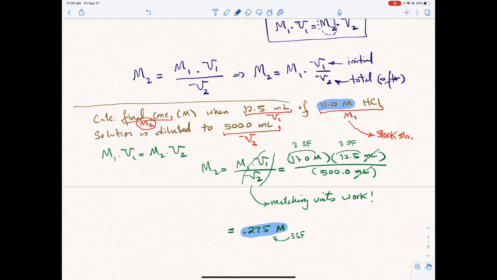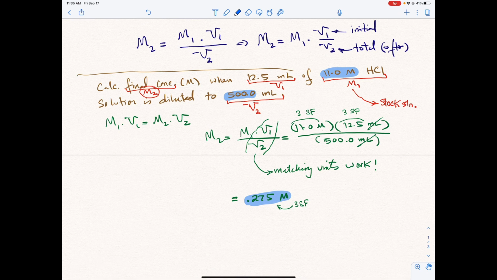And the reason being that we've diluted it to a much larger volume. So we added a lot of water in that process. We went from 12.5 milliliters all the way to 500. So lots of water, over 480 ml of water was added to achieve this concentration.